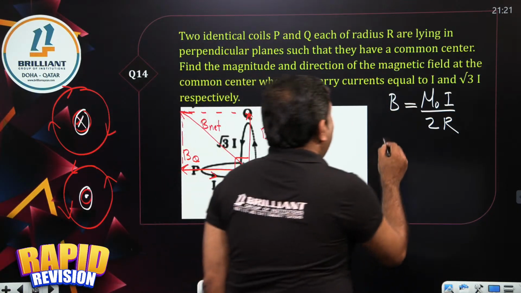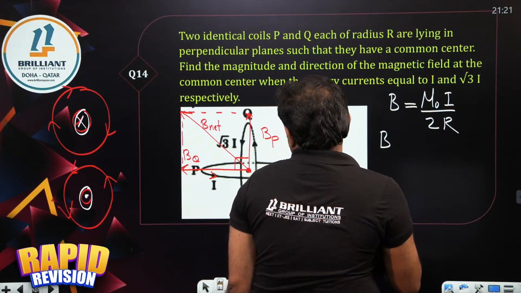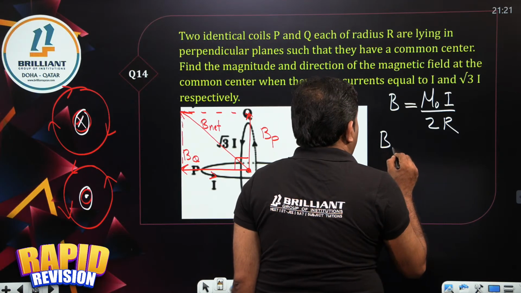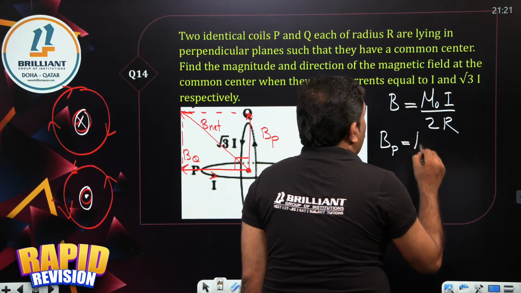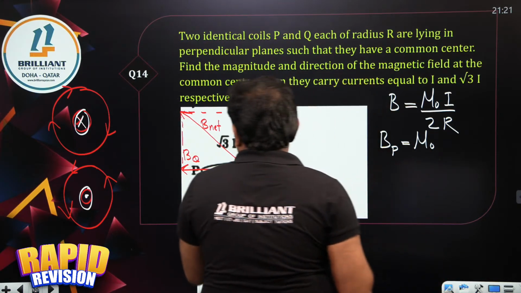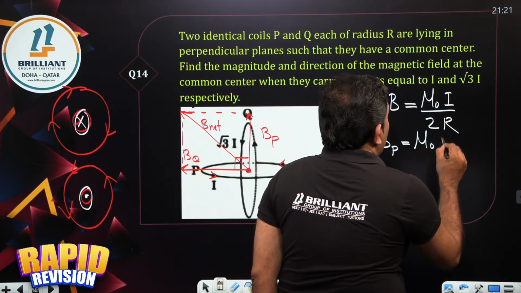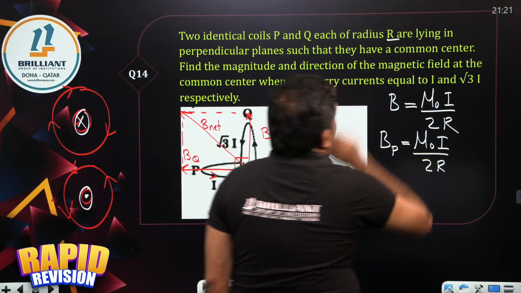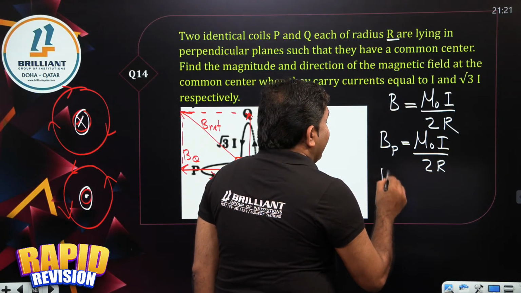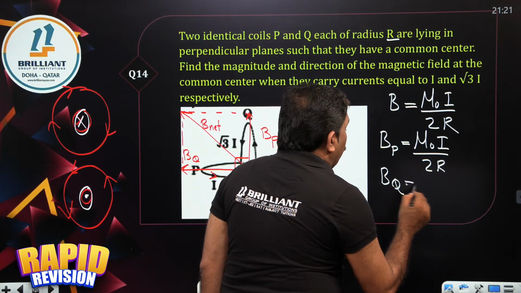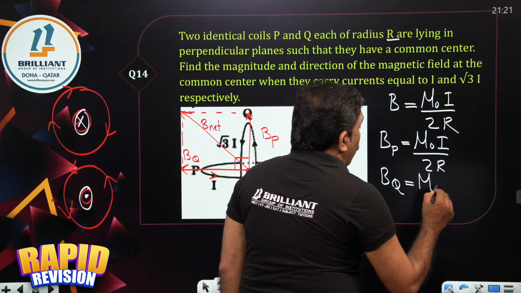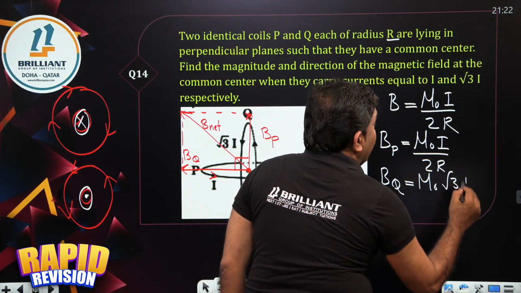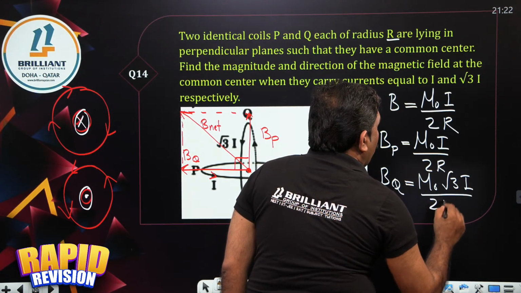So the magnetic field at the center of the circle due to loop P, BP, is mu naught, the current flowing in P is I, so mu naught I divided by 2R. Radius is R, given. Now the field at the center of loop Q is mu naught, the current is root 3 I, so root 3 I divided by 2R.